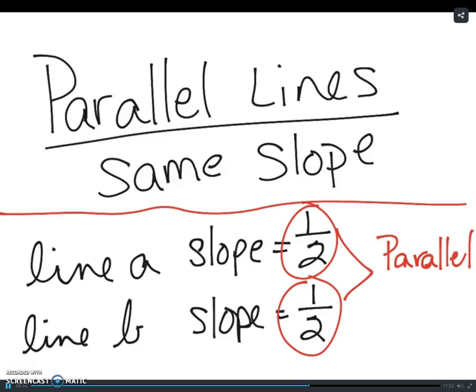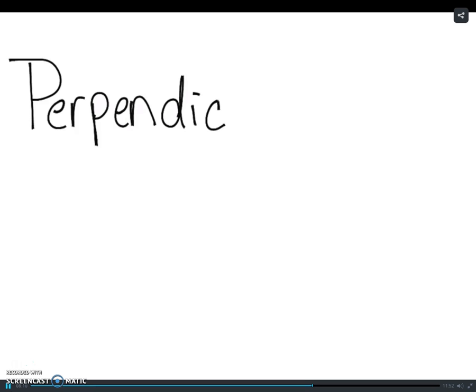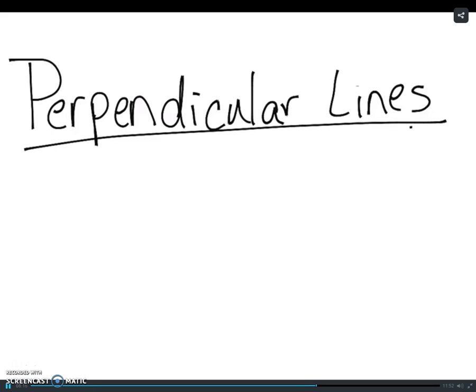Now, I also have perpendicular lines, and they're a little bit more work. Remember, perpendicular lines come together to make right angles, and they can either give you all 4 of those right angles in the image, or they can just have like half of the line, so they didn't finish out this other one, and that's okay.